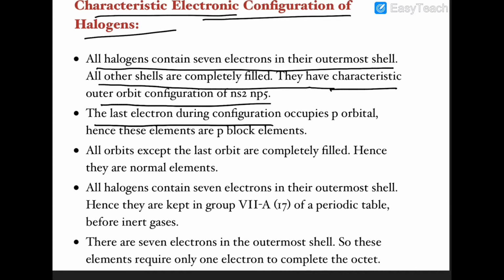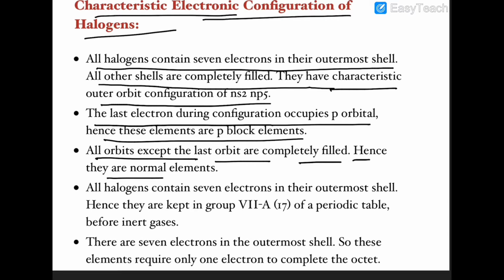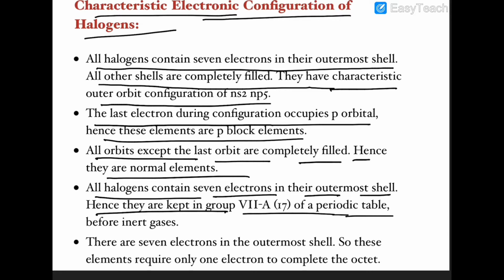The last electron occupies the p orbitals, hence they belong to the p block elements. All halogens contain 7 electrons in their outermost shell, so they are popularly known as group 17 elements, and that is just before the inert elements. They require only 1 electron to complete the octet.